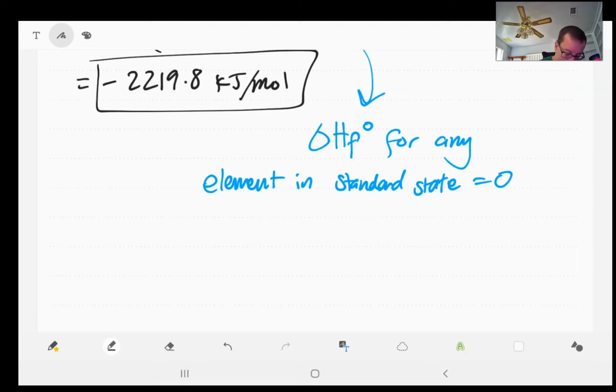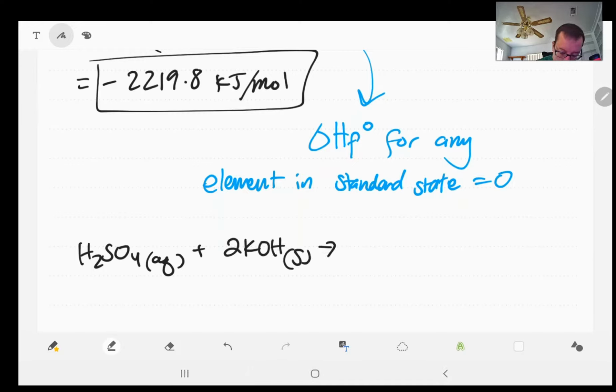Okay, perfect. What's the other one? K2SO4. I hope we have K2SO4. We don't. Let me just Google it.